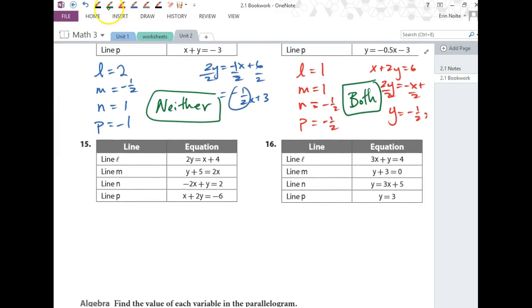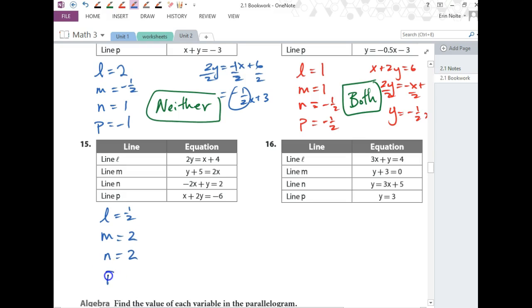Okay, what about 15? Line L, can you tell me what the slope is by looking at that? 1/2, you have to divide by 2. M is 2, you'd have to subtract the 5, but that's not related to the x, so it's 2. N, 2, you'd have to add it. Oh, there's 1 set of parallel lines.